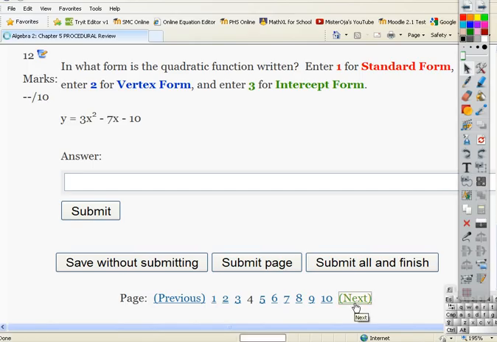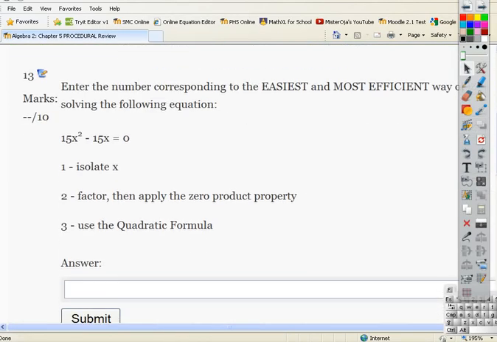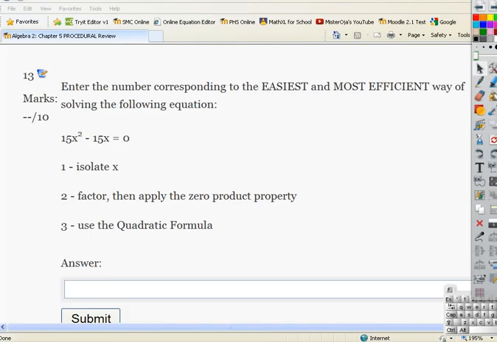Okay, how about this one? Easiest, most efficient way? Factor. Right. Now I want to make sure everybody understands why. Look at this. If I've got 15x squared minus 15x equals 0, how do I factor that?